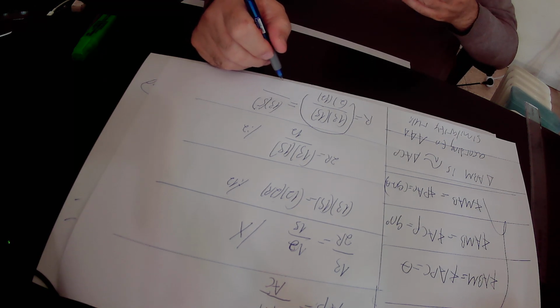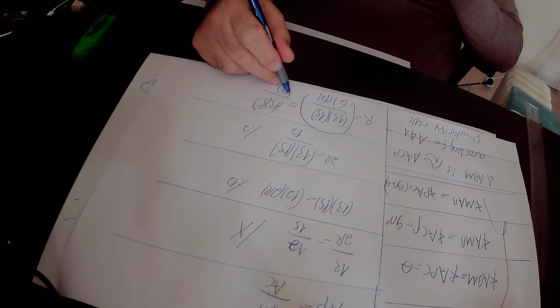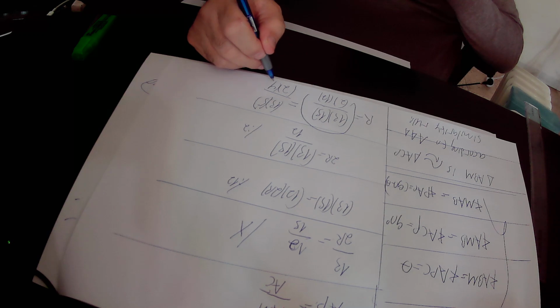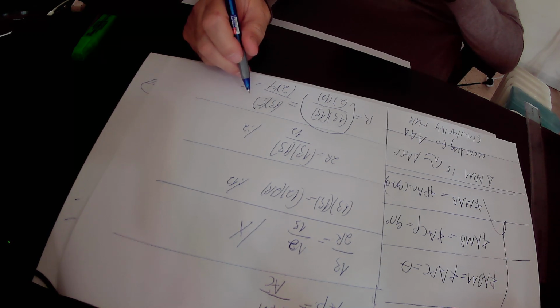In the denominator we have 12 times 2 times 12, and 12 over 3 is 4. So in total, in the denominator we are left with only 2 times 4, that is 8, and 13 times 5 in the numerator is 65.